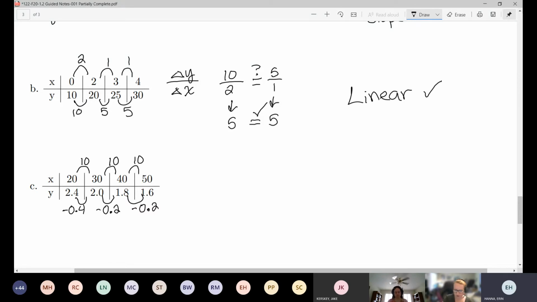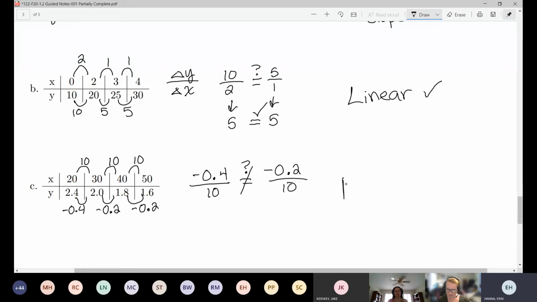If I'm doing this out in fullness, we would have to ask, is negative 0.4 over 10 equal to negative 0.2 over 10? I forgot to put these in a calculator to find the actual numbers, but since the denominators are the same and the numerators aren't, we can already say that no, those are not going to be the same number.